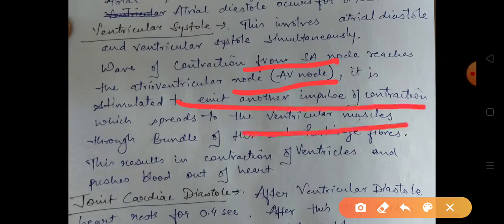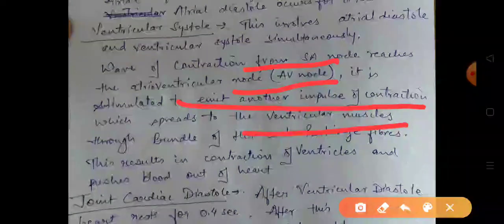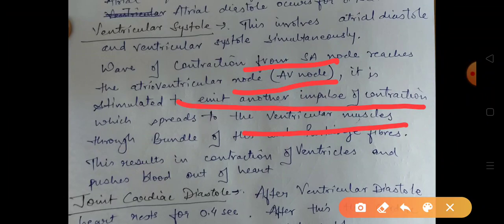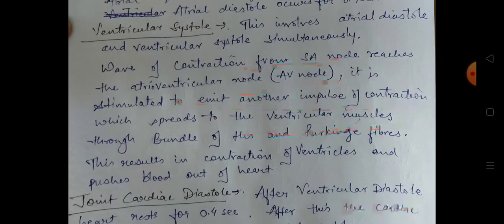The wave of contraction received by the AV node spreads throughout the complete ventricle muscles, and now the muscle starts contracting.